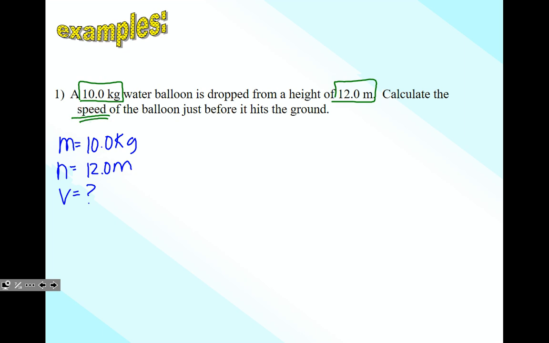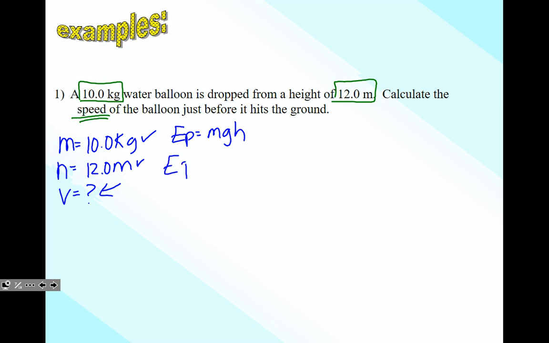Let's first of all find our EP, right? Because we can't find the speed without the kinetic energy, and we're not given the kinetic energy. So we can find the potential energy because we have our mass and our height, right? mgh.